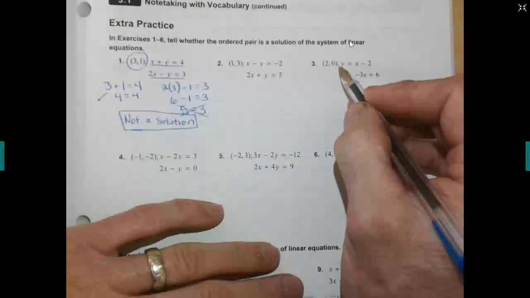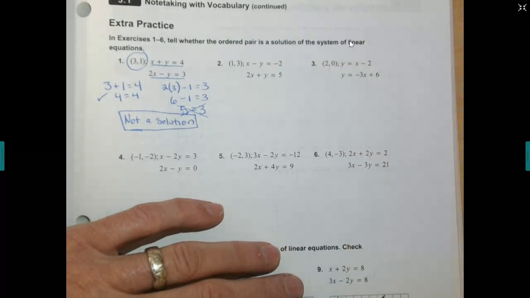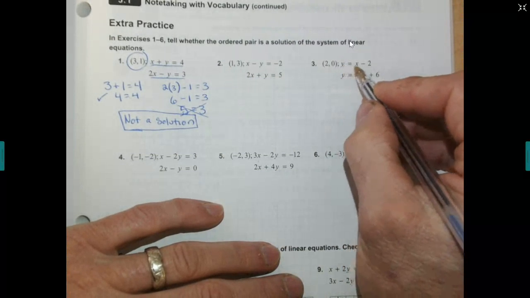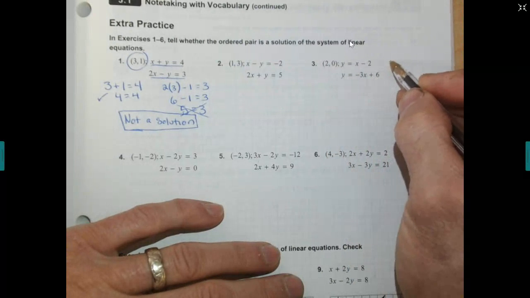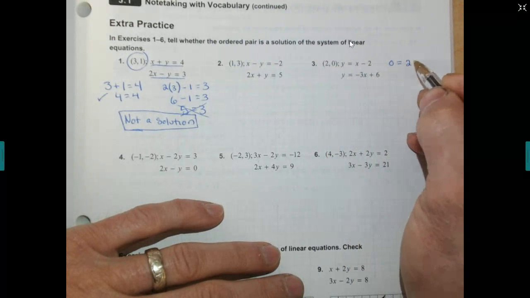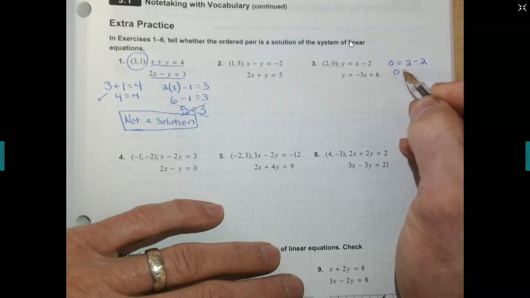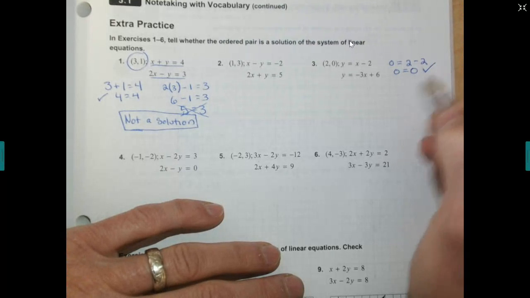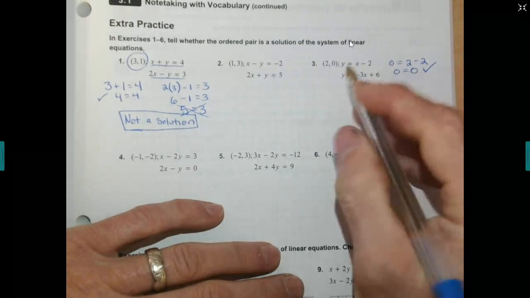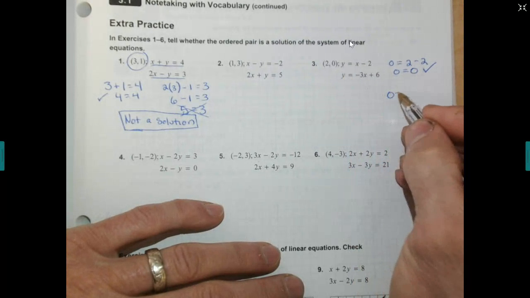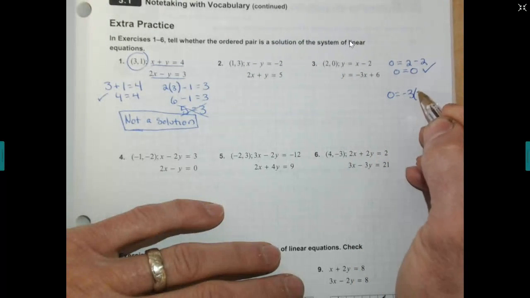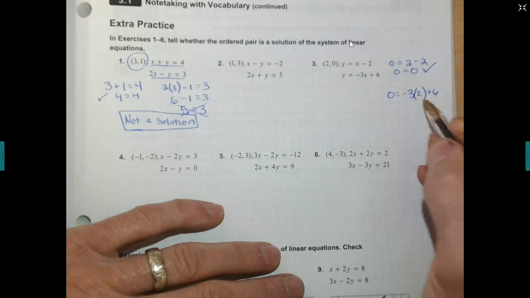So, excuse me, check number 1. So y equals x minus 2. So y is 0, so 0 equals 2 minus 2. 0 equals 0. So that first equation checks out. So I want to check this one. 0 equals negative 3 times 2 plus 6.